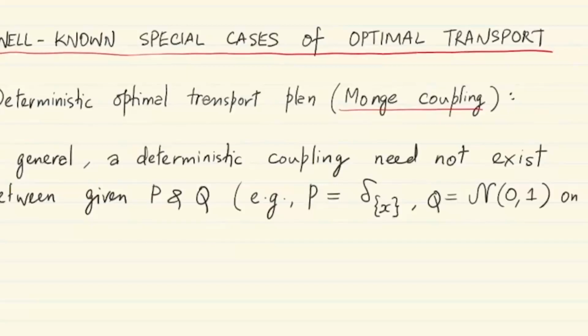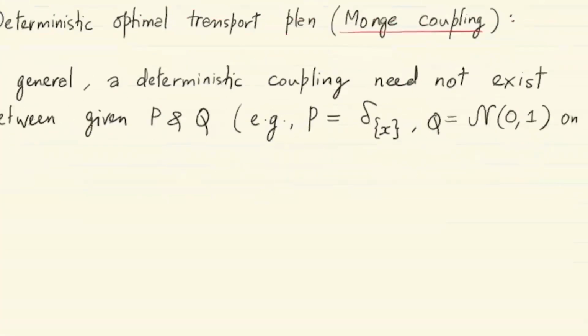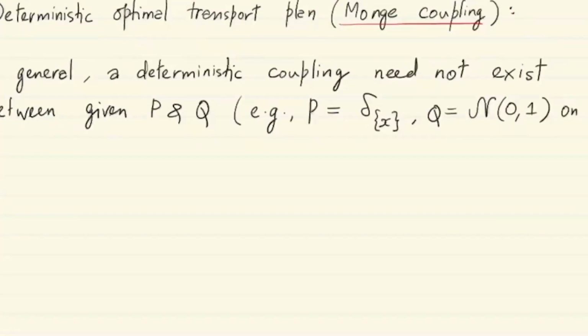There is no deterministic coupling that can send probability mass, all of which lies at x on the P side, to a unique location on the Q side, because Q insists that the probability mass must be spread all over the place across real numbers. So there is no way of mapping in a deterministic way, sending material from P to Q. Okay, so that's what this statement says.